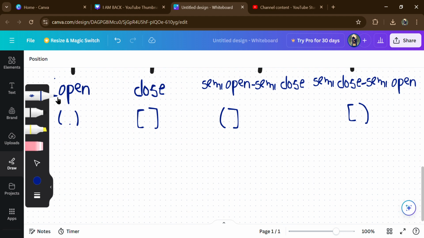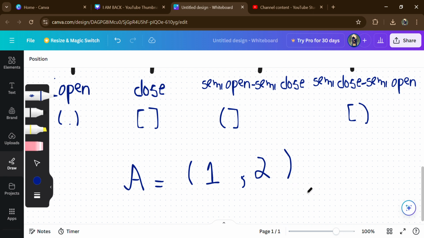At the very first, when you're talking about open, let me give you an example. A is equal to an open interval, and we can consider (1, 2).